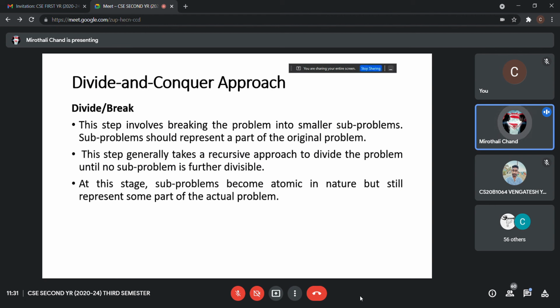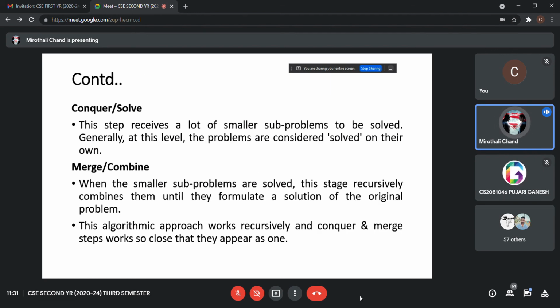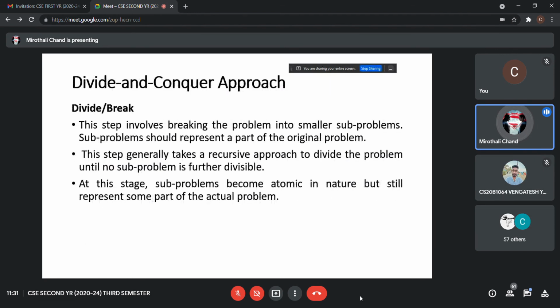Three steps are there in divide and conquer. First step is divide: break the problem into several subproblems. We must do that recursively, until we reach the stage where we can't divide the problem into further subproblems.